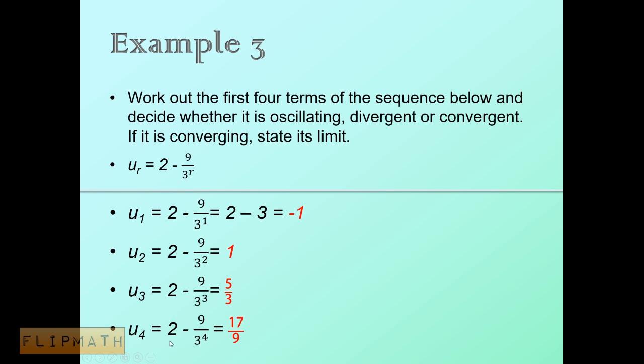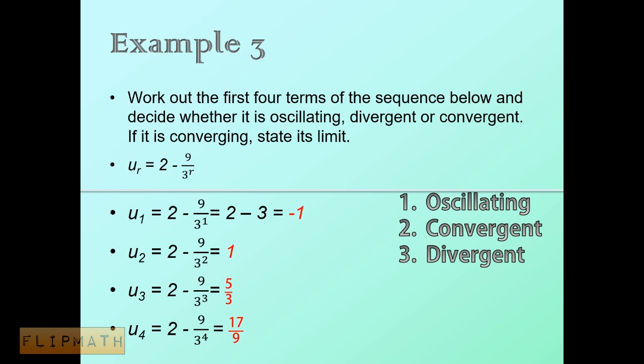And you can see that this will tend towards 2. You can see this getting closer and closer to 2. And for that reason, we can say that it is convergent. The gap between the terms is getting smaller and smaller. And I can make a guess that the limit is equal to 2.